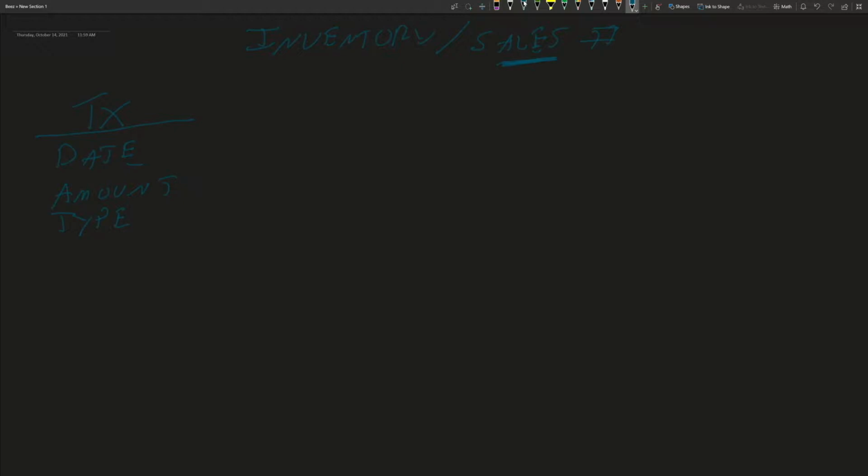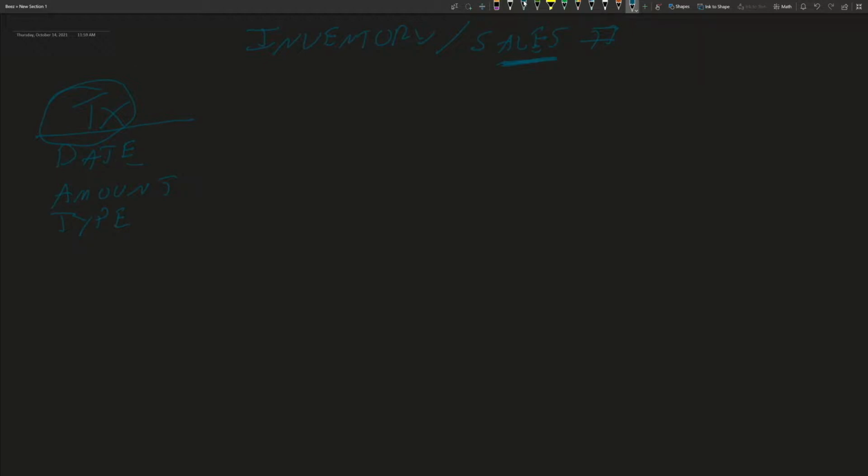So this type of problem is what I'm going to generally describe as a basic math problem. I'm getting a whole bunch of these things, and I might be doing some filtering based upon the date or the type, but I'm basically going to grab these amounts and do some simple math on them.